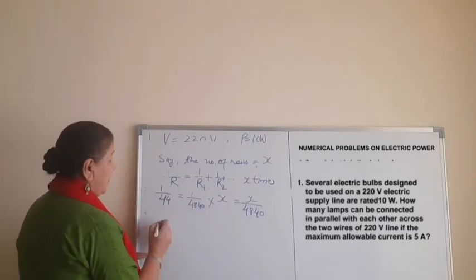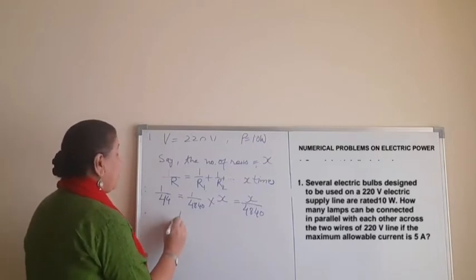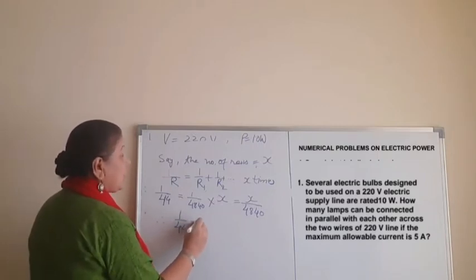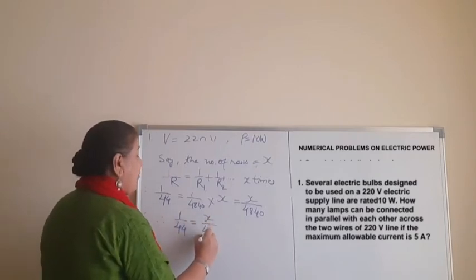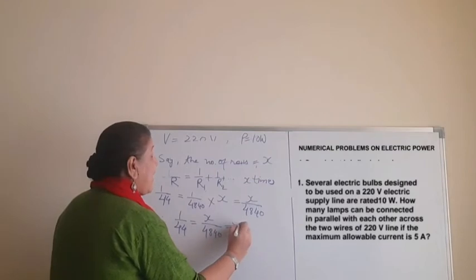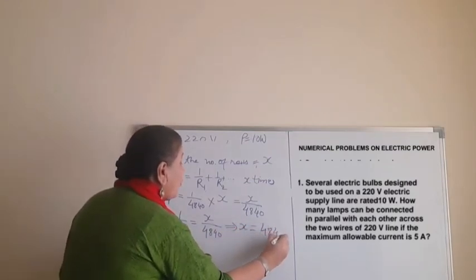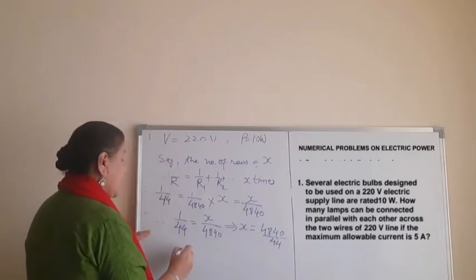So from here, X will be, I'm writing it again, 1 upon 44 is equal to X upon 4840. That implies X is equal to 4840 by 44.